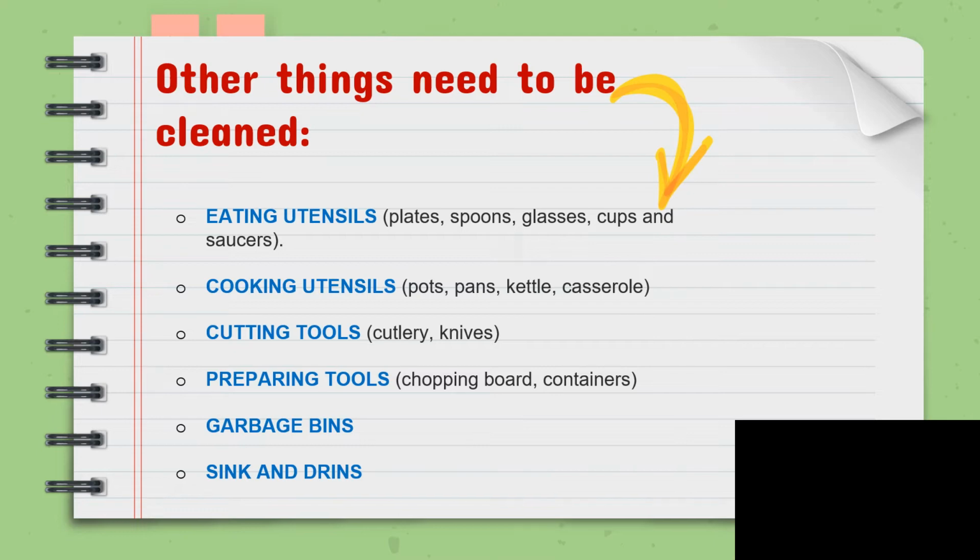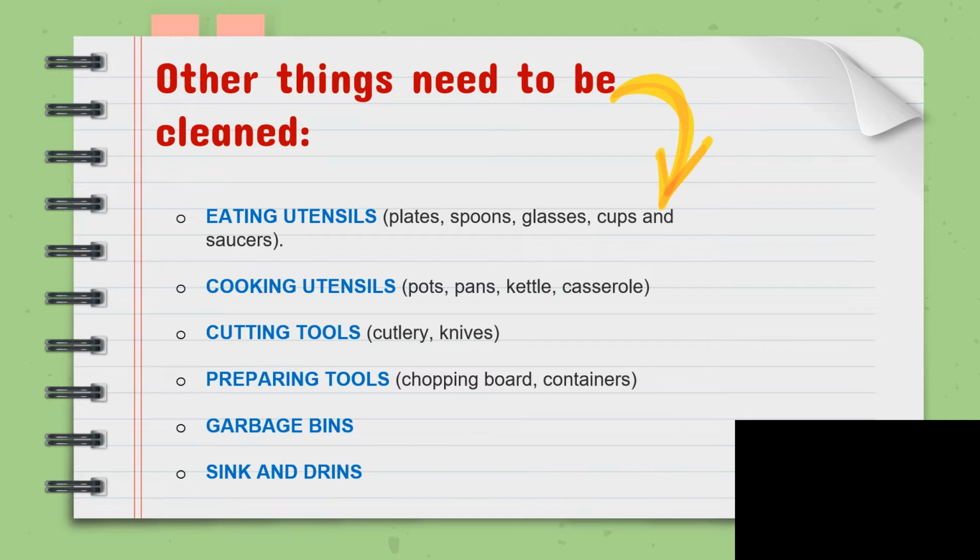And the next, so yung mga cooking utensils na yan, mga kaldero, kawali, kaserola, kettle, kailangan din nating linisin. The next, the cooking utensils, pans, kettle, and casserole. So, ayan na yung nasabi ko na kanina, no? Kailangan nga natin linisin yung mga yan.